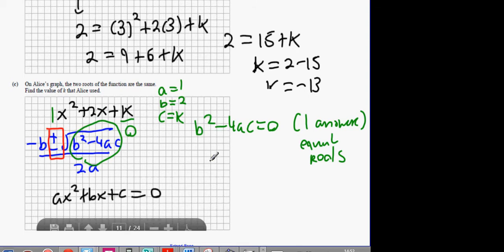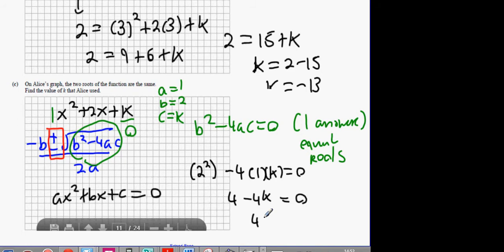Put this in and you get 2 squared minus 4 times 1 times k equals 0, 4 equals 4k, k equals 1. You've never done that before. It's actually really difficult. Never seen a question like that before.